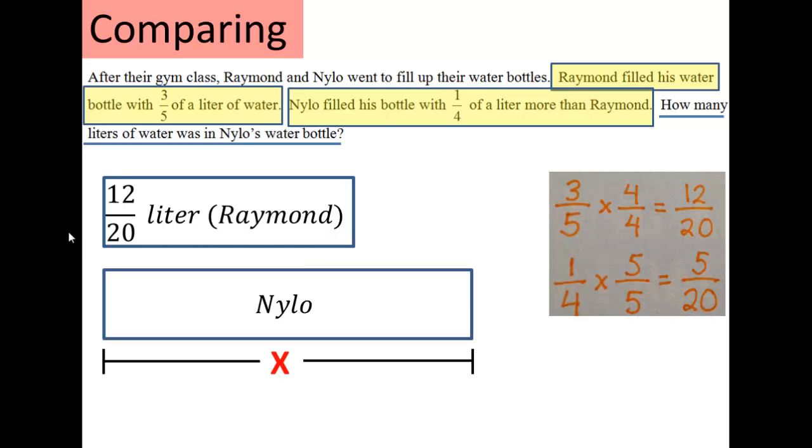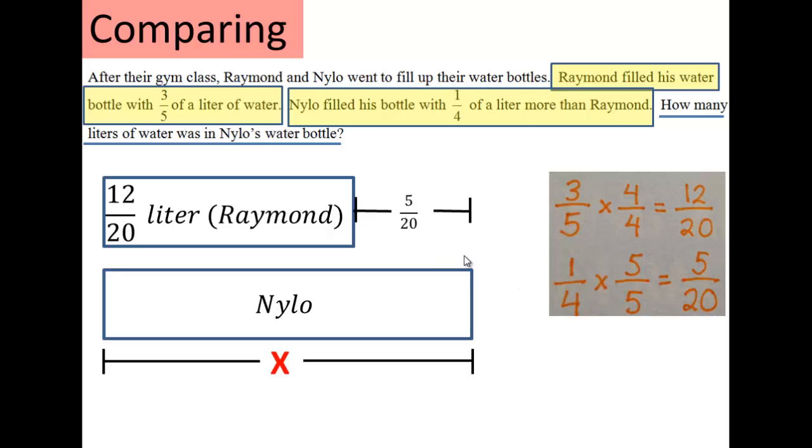All right, so we're closing in here. We got the 12/20ths of a liter, which was information we found from the problem. But I'm trying to figure out what to do with this 1/4 of a liter, which is really 5 over 20, or the same thing. Point to where on the bar model you think 1/4 of a liter is going to go. Go ahead, point to it.